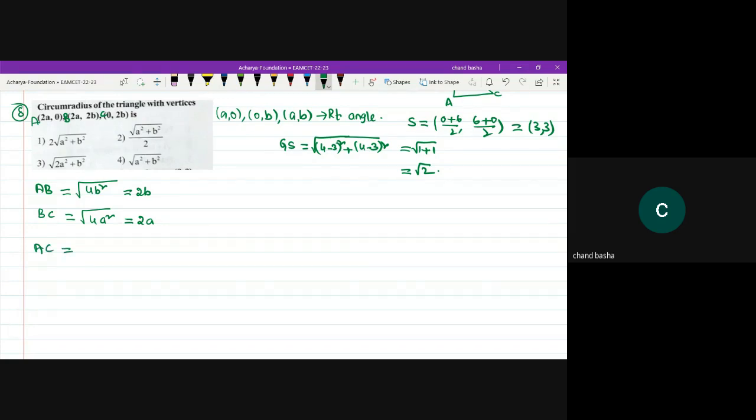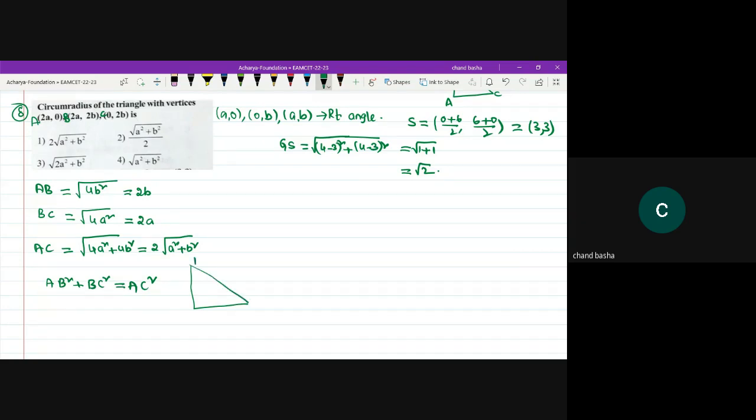If I'm finding AC, under the root of 4a square plus 4b square, this is equal to 2 times under the root of a square plus b square. Got it? And clearly, AB square plus BC square is equal to AC square. So it forms a right angle at B.